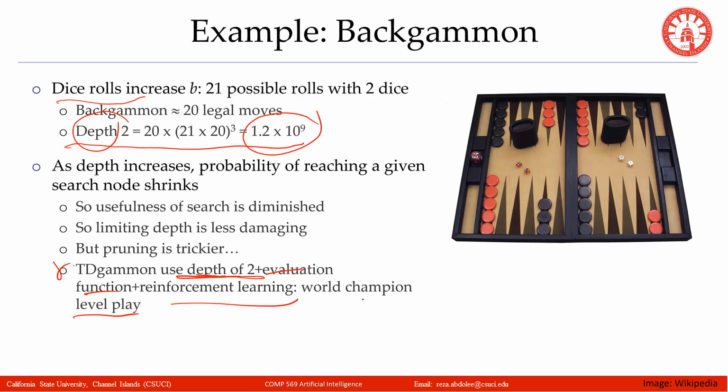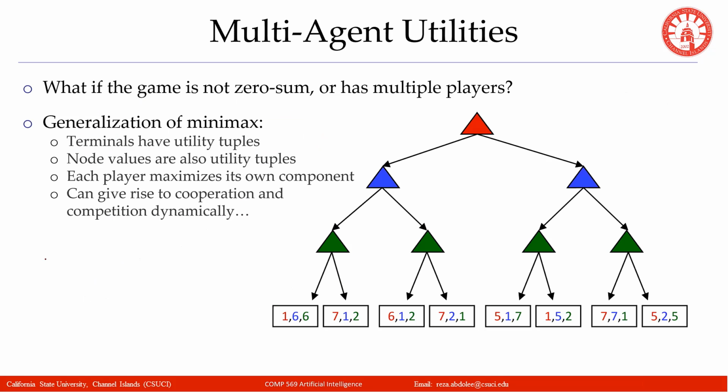And when the number of states gets too large, the probability of each of those states is going to be too low. Therefore, the usefulness of the search tree as you go down is going to diminish. So the depth 2 algorithm for this game is going to give you a good estimate if you have a good evaluation function. Therefore, cutting all those layers is not going to hurt the result of the game that much.